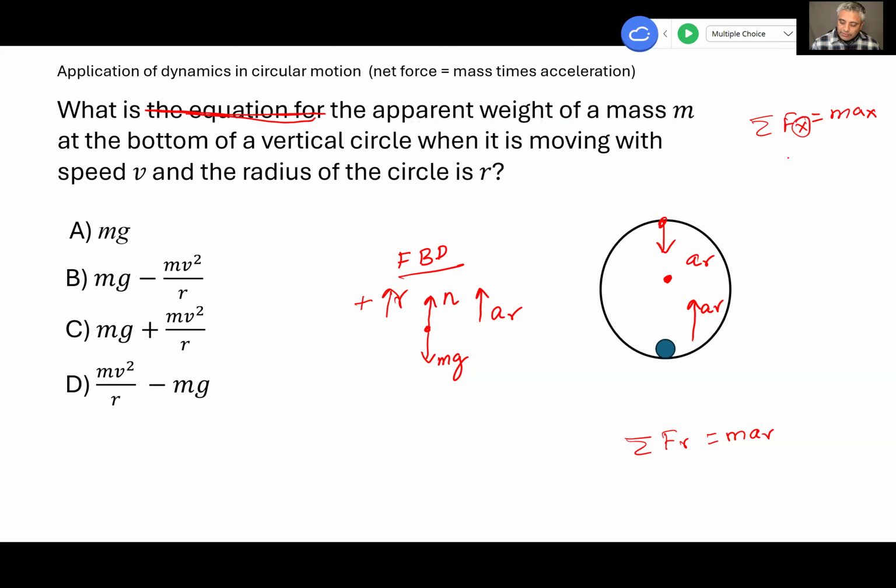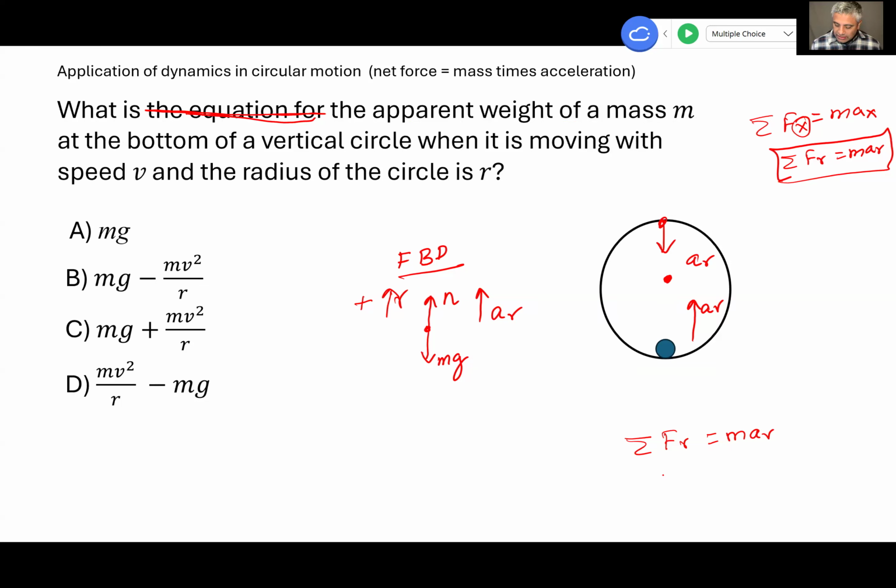We replace x by r, because we want one axis always in the direction of the radius of the circular path. And why is that? Because when something is moving in a circle or part of a circle, it always has a component of acceleration pointing in that direction. And that's what we want to make use of by writing this equation. So that's what we are doing, okay?